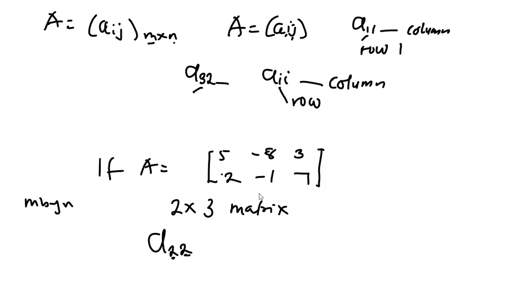This is row 2, column 2 is here, and that one is negative 1. So this is quite simple when it comes to matrices. The basic idea or basic intro about matrices is done, and in our next video we're going to talk about some laws of matrices. All right, so thank you for watching.